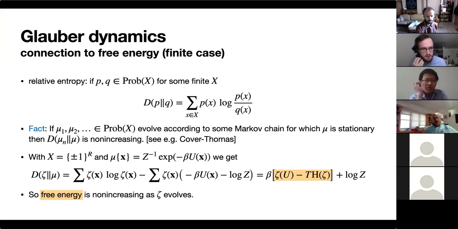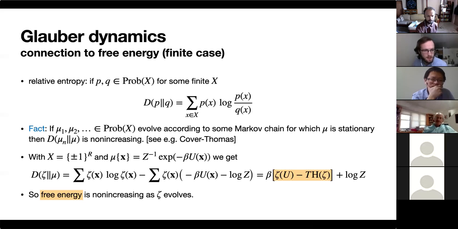Okay, so first we'll talk about the connection of Glauber dynamics to free energy. And this is back in the finite case, just for a slide. There's a useful quantity in information theory called relative entropy. Again, in the finite case, if you have two distributions P and Q, it's defined by this entropy-looking formula.